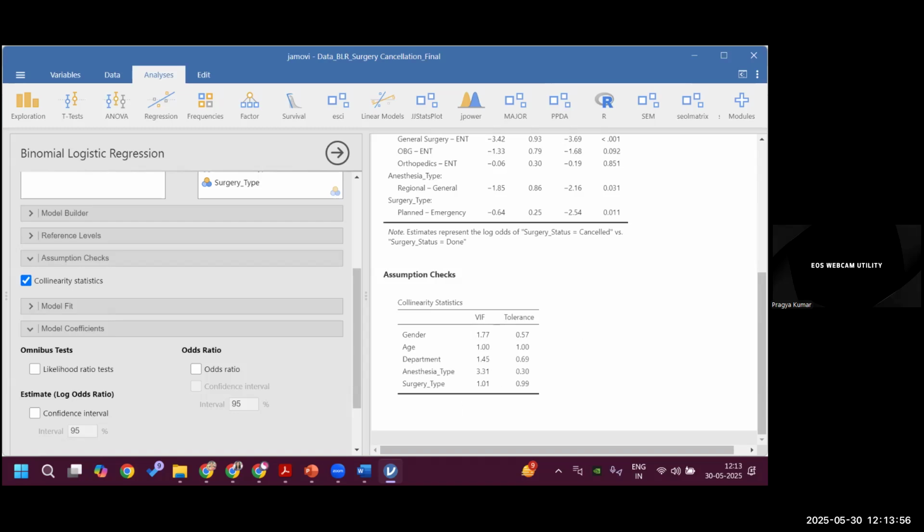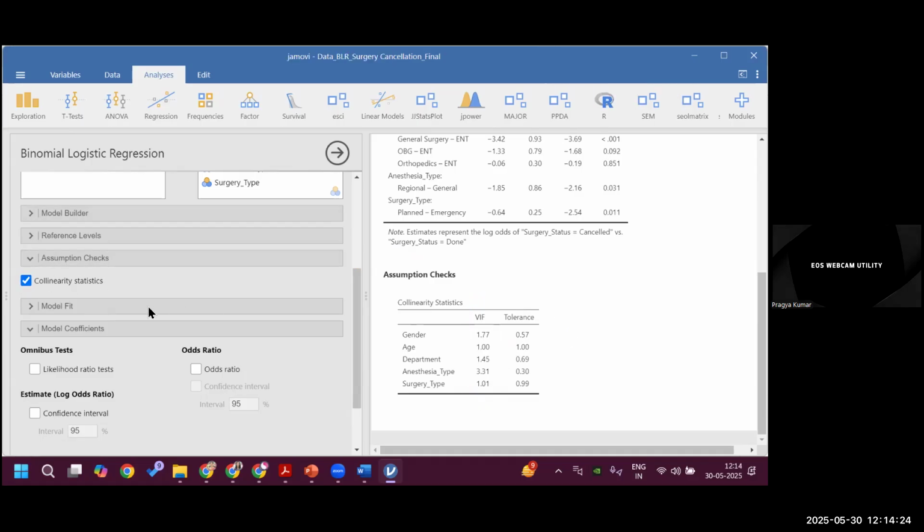You see only one column, and what should be the value of VIF to say that there was no multicollinearity? It should be less than 10. Here all the variables have got less than 10. That's why we can say that there is no multicollinearity. So that assumption is met.